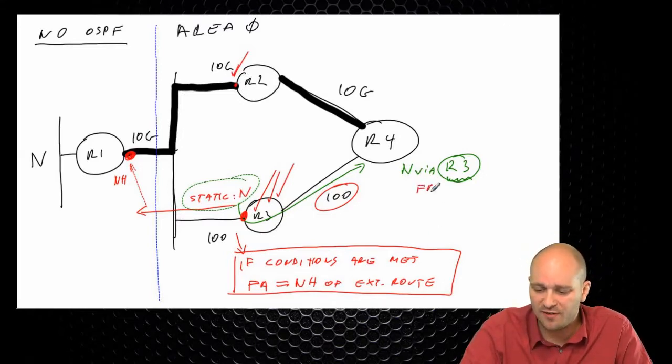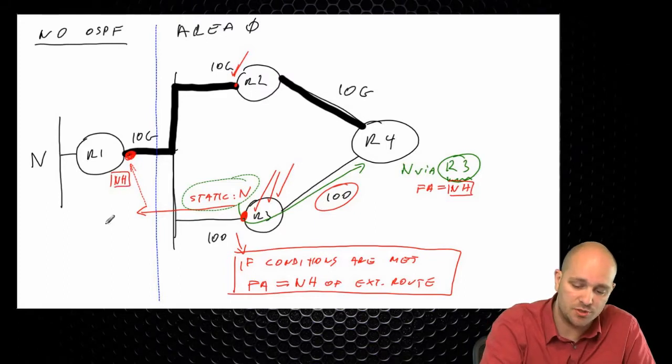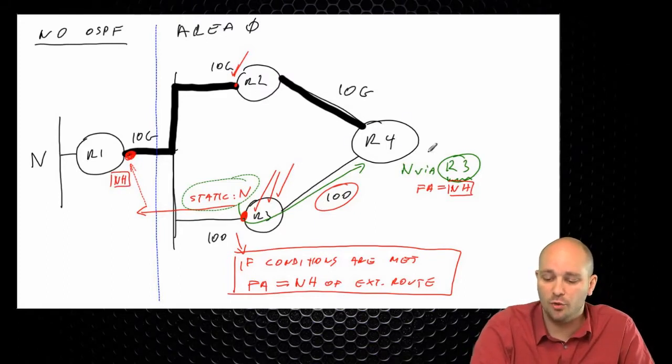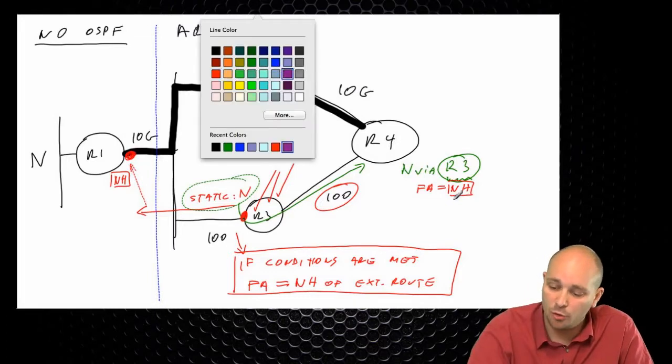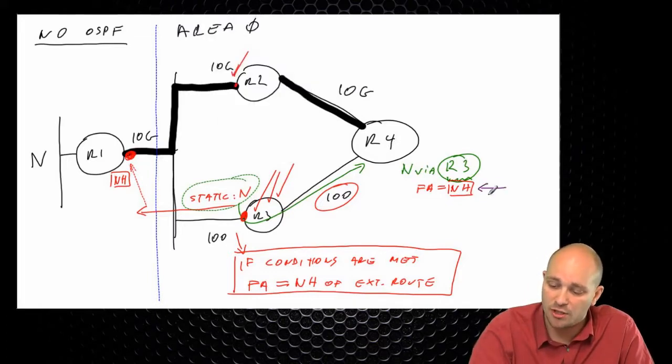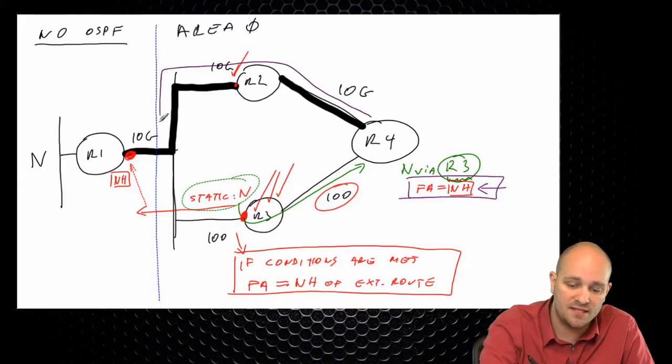If we receive information here that the forwarding address is this NH that I used here, what R4 can do is see, okay, what is my best path to actually reach the NH? And if we take a look, what is the best path to reach this NH? It will, of course, be this path here.